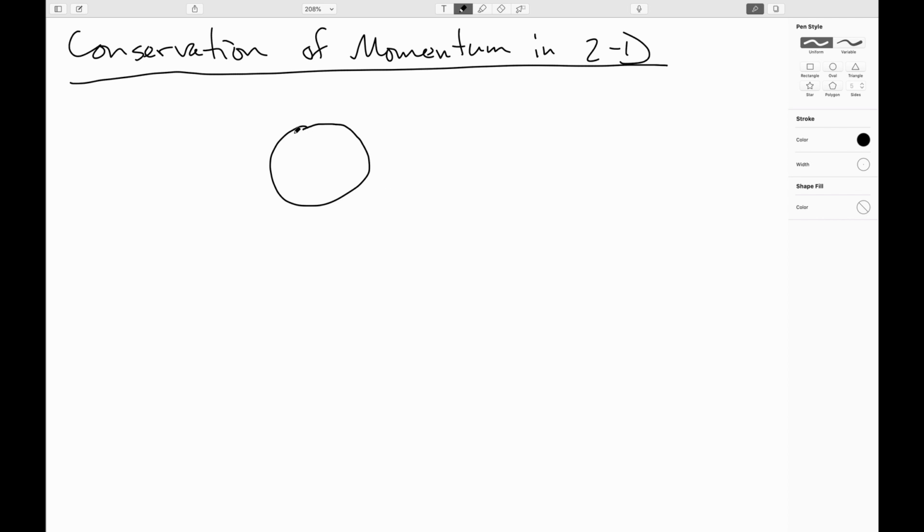Let's say that the plate broke into three pieces of equal mass. Maybe like this. I'm not saying that's what actually happened with my particular plate, but just to make the numbers clean. And let's say that we know that this chunk of plate here flew off at 10 meters per second straight up.